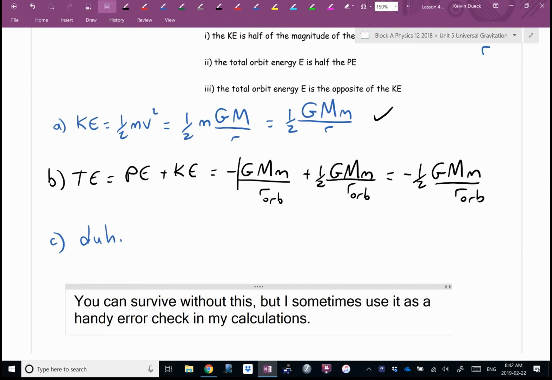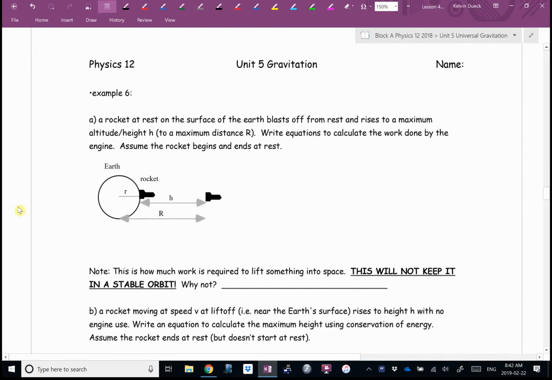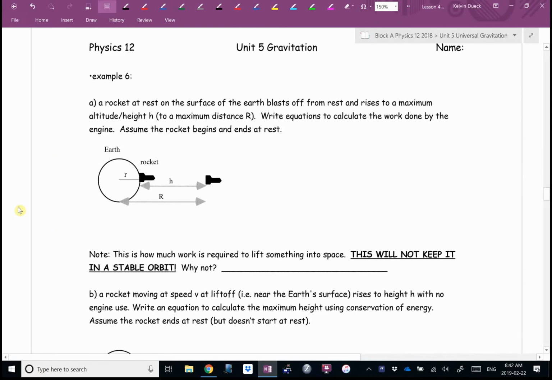That pattern doesn't hold. But if you happen to be staying in one location, you should find that your universal gravitational potential energy and the kinetic energy required to stay in that location, the kinetic energy will be half as big and the total energy will be half as big. So let's walk through all of this.